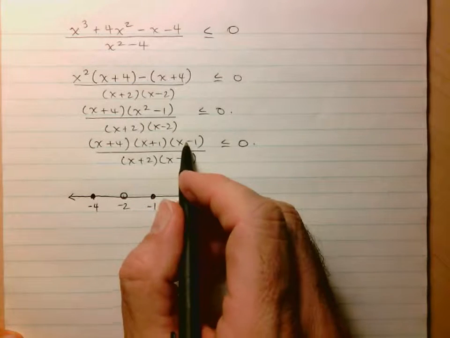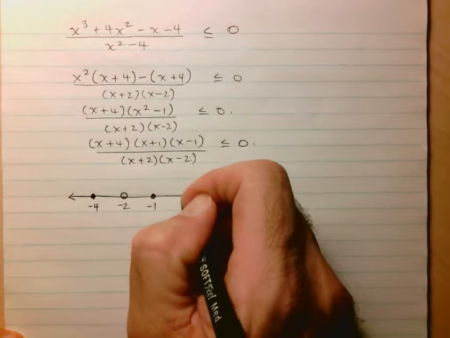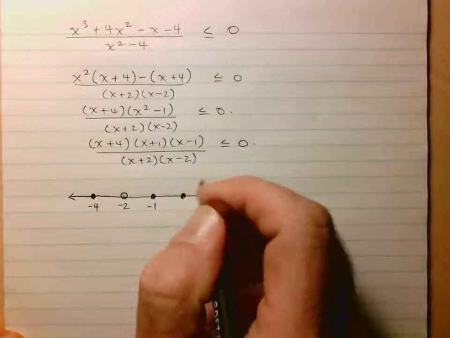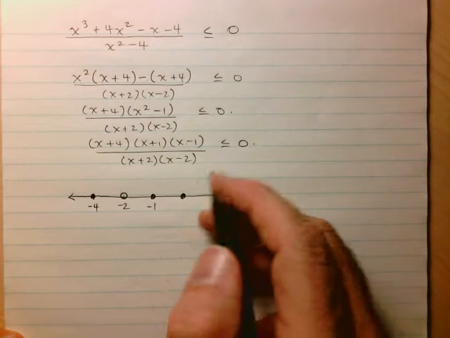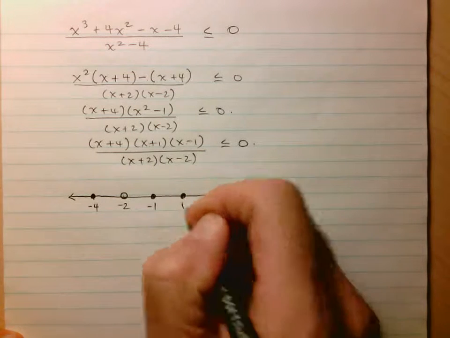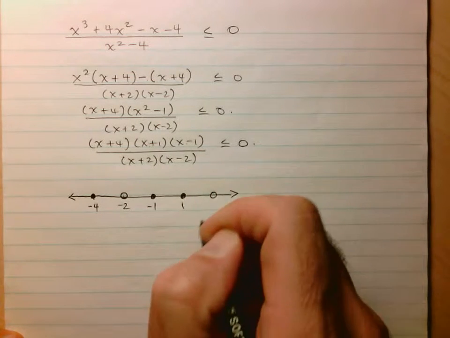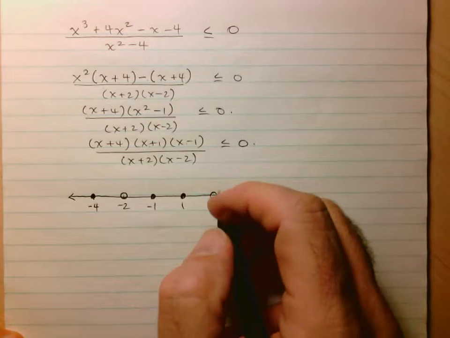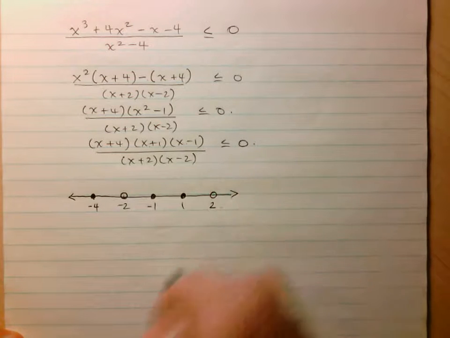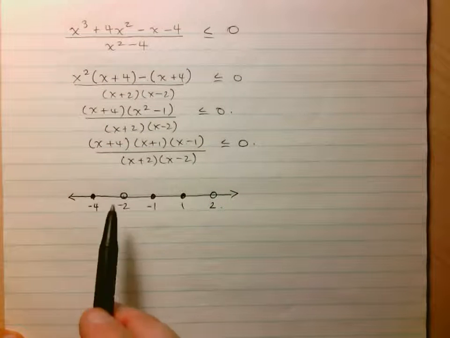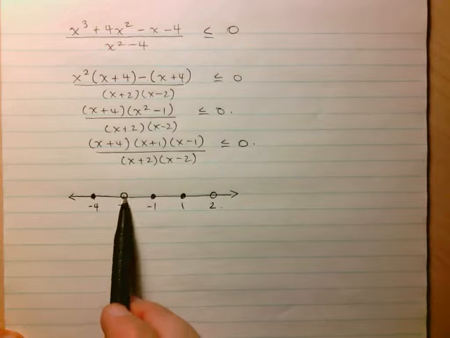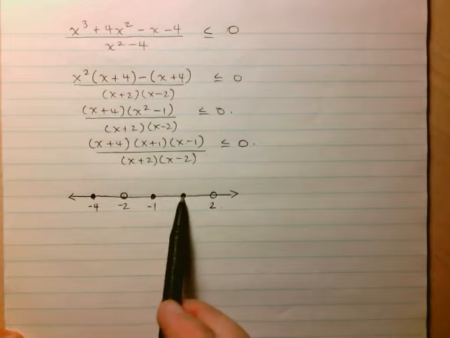My next point is positive 1, which makes the expression 0, so I am going to include it. The last important x value is x equals 2, but that is a vertical asymptote at that x value, so I don't include it in my answer set. So, as we said, these are the only places where this expression can change sign.